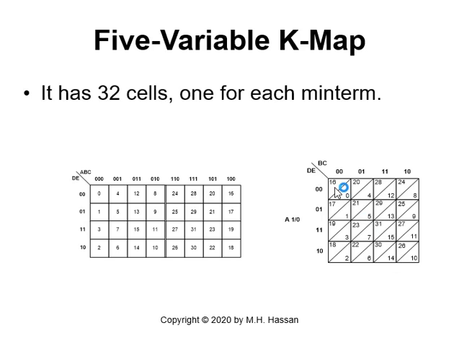Then we start with 16 here. So we'll get 16, 17, 18, we jump, 19, 20, 21, 22, 23, we jump, 24, 25, 26, 27, we go back to this column, 28, 29, 30, and 31, which is the last minterm.